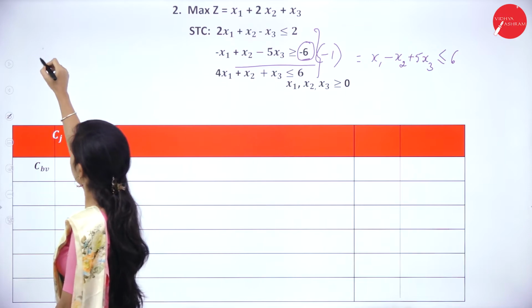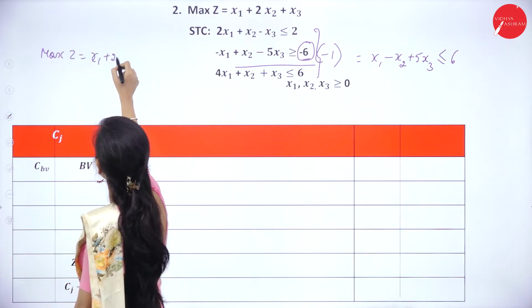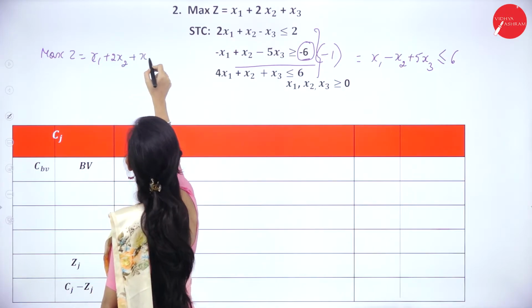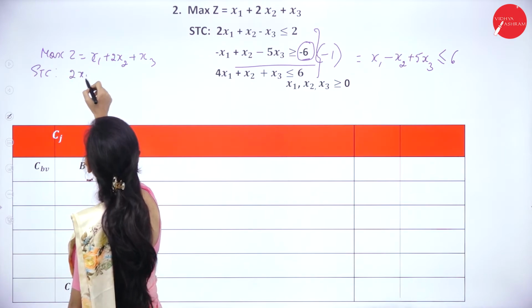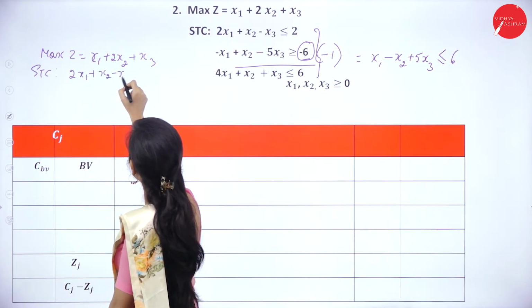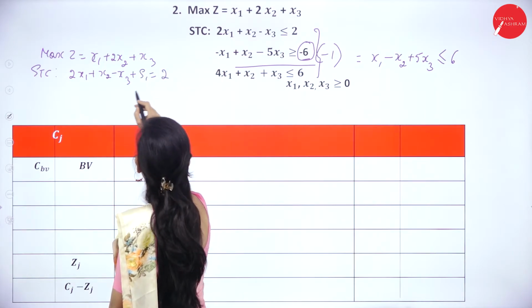So again, max z is equal to x1 plus 2x2 plus x3, subject to the constraints 2x1 plus x2 minus x3 plus s1. I am adding a slack variable.